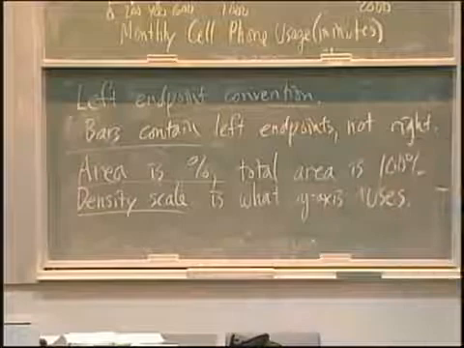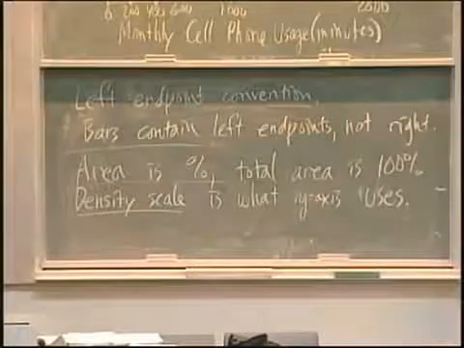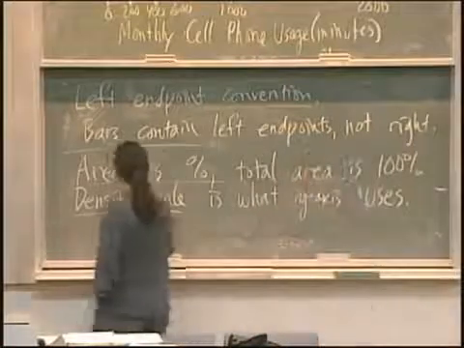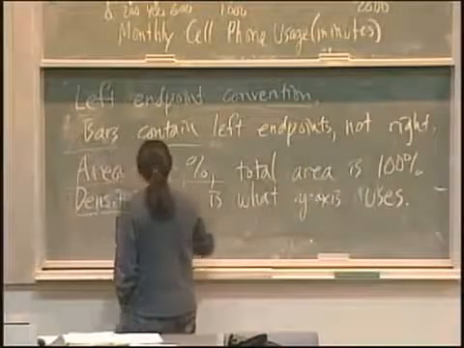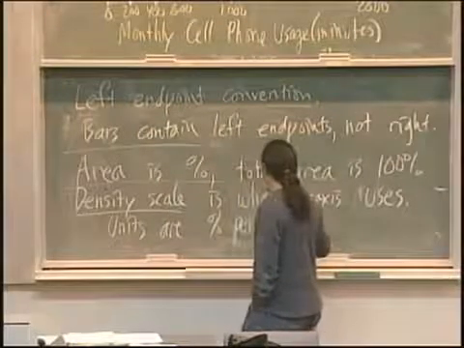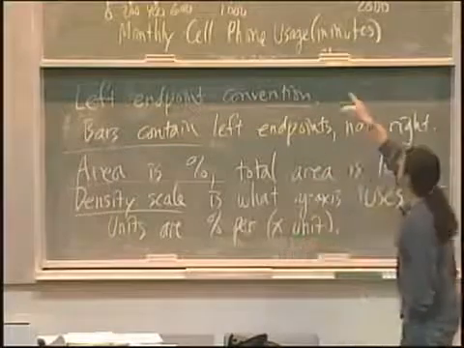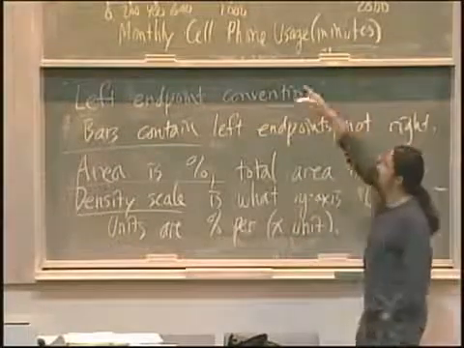Okay, so density scale is what the y-axis uses as the units. Now, density scale is always percent per x unit, whatever the x unit is. So in this case, x units are minutes, so that's going to be percent per minute.